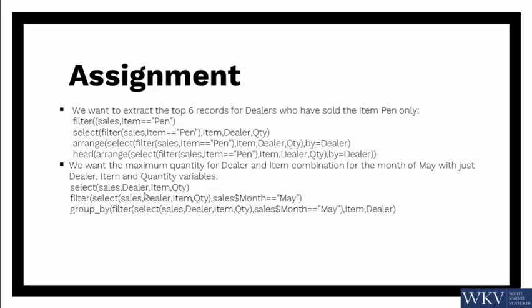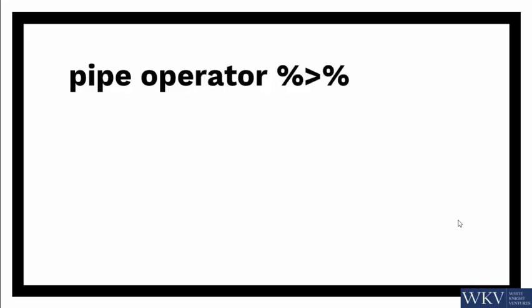Group it by unique combinations of dealer and item. So see, I have taken unique combinations of dealer and item, and then I use the function of summarize and I write max of quantity. So it will give me the max of quantity for each and every item and dealer. Clear? This is how you perform various functions of R together.